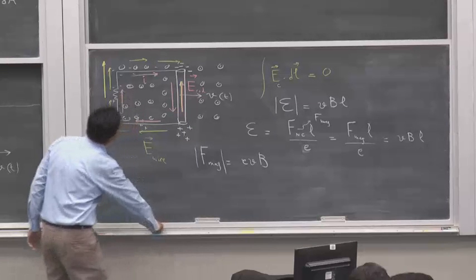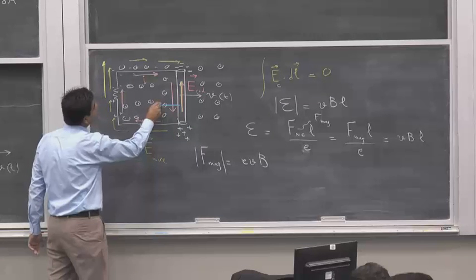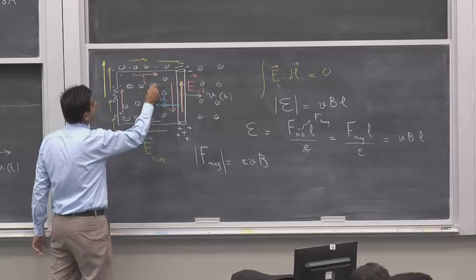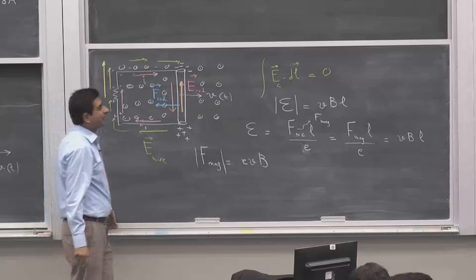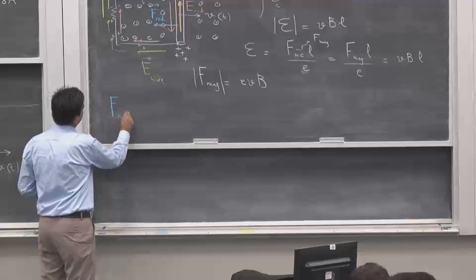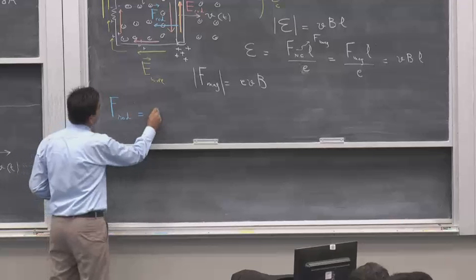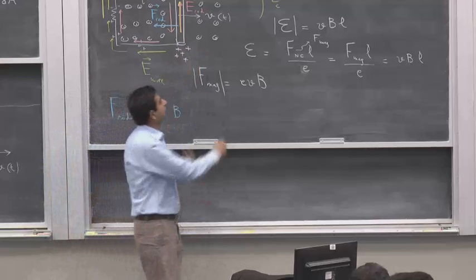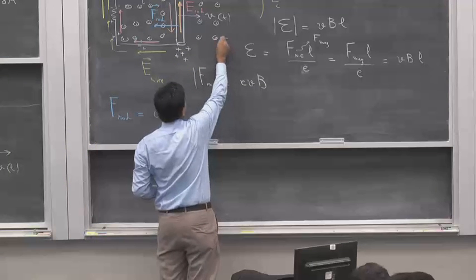So a force acts on this rod. Let's call this F on the rod. That force, F on the rod, its magnitude is I L crossed with B, where B is the constant field that's pointing outwards.